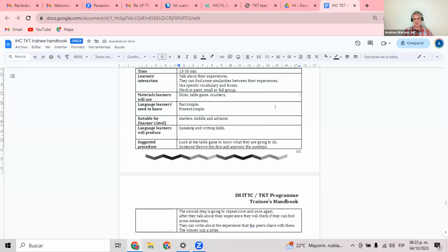Okay, so past simple, it's certainly the past tense, isn't it? Why do you say present simple? I don't think I saw present simple. We thought maybe because we don't know if there are no experiences in the past. Okay, very good. They're all in the past, aren't they? Did you used to?